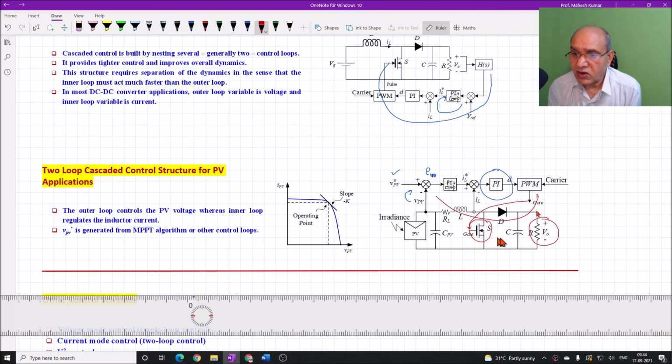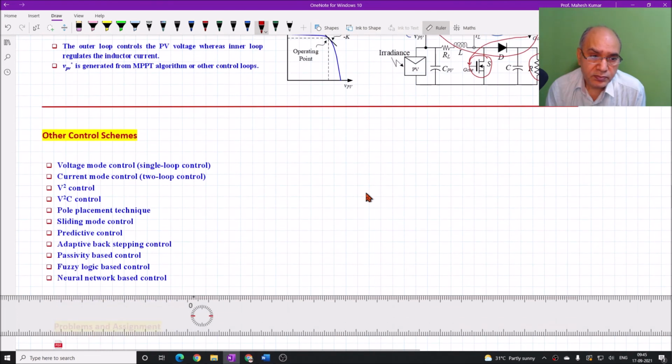You can make a trade-off between these two, that is possible, but one switch can clearly control either the input side voltage or output side voltage. Otherwise, we have to go for two such converters, where one switch will take care of the maximum power and another switch will take care of the output voltage. Okay, so I hope this point is clear.